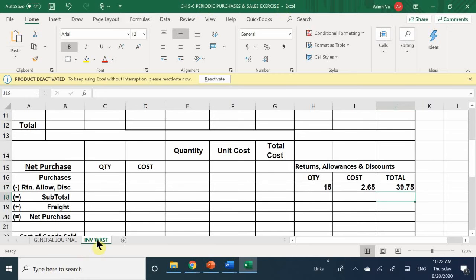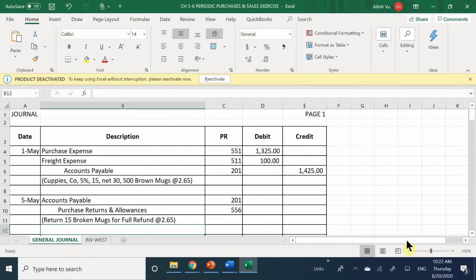Okay, so I can go back to my journal and say, at least I know I'm going to get $39.75, because I've calculated it.